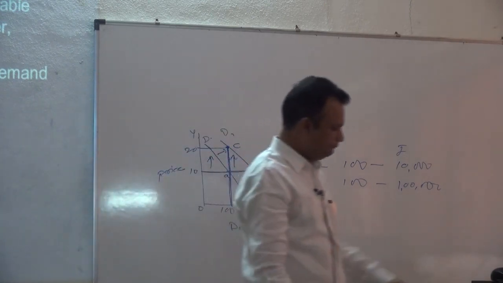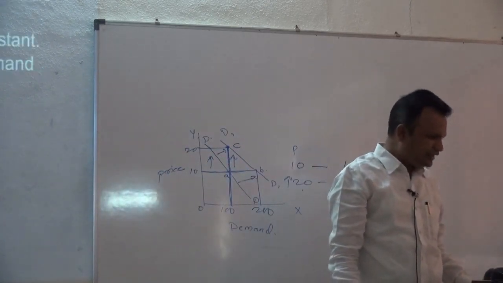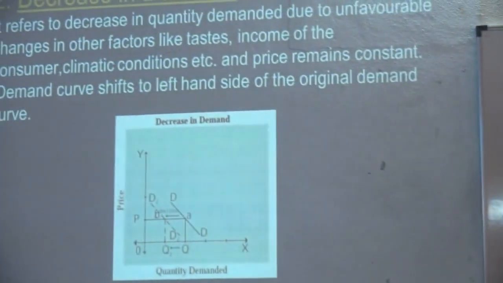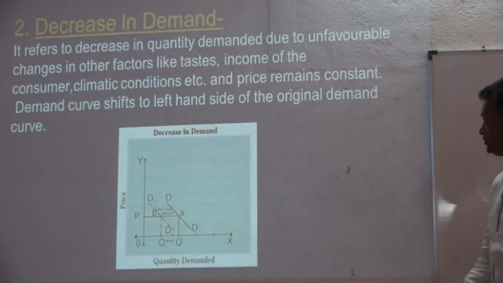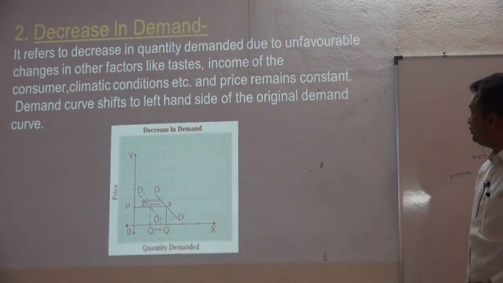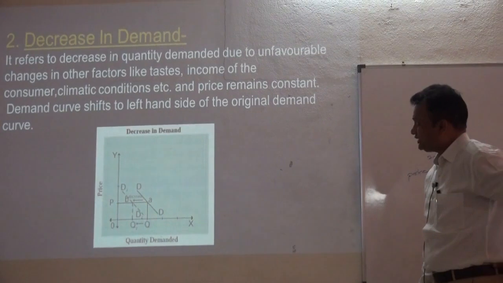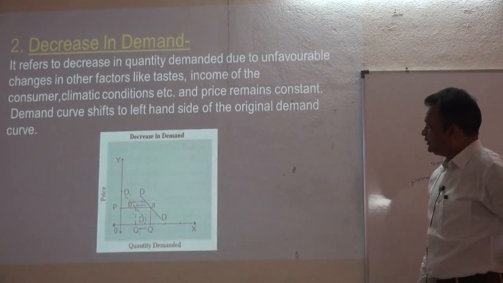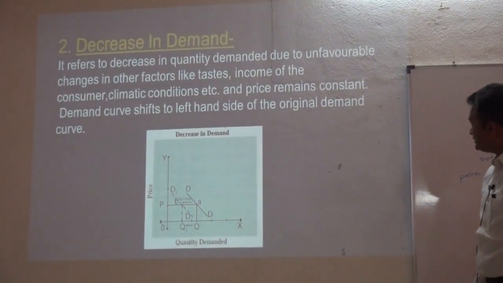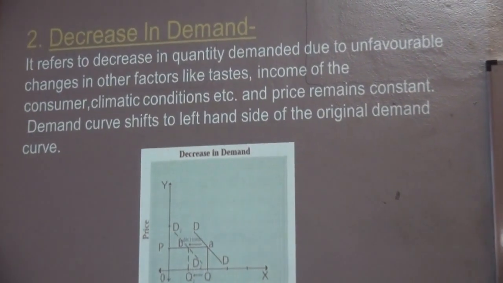Okay, another one, that is decrease in demand, completely opposite to this. Okay, it refers to decrease in quantity demanded due to unfavorable changes in other factors like taste, income of the consumer, climatic conditions, etc., and price remains constant. Okay, the same thing.